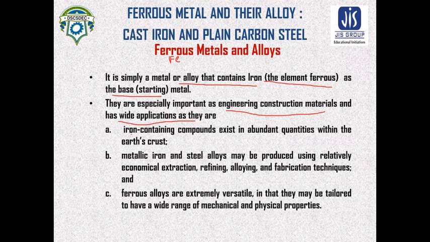Point A: iron-containing compounds exist in abundant quantities, that means in huge quantities. Another thing, point B: metallic iron and steel alloys may be produced using relatively economical extraction, refining, alloying and fabrication techniques.